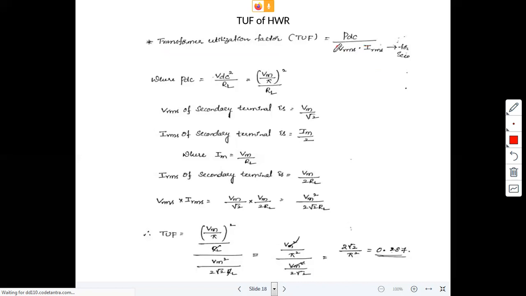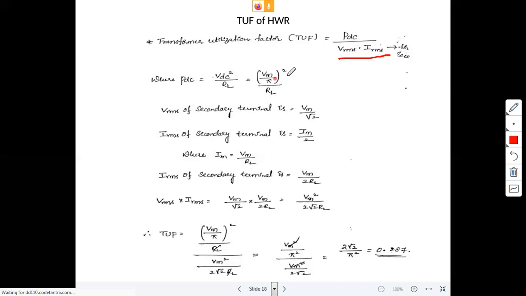PDC is the power delivered to the output, divided by the input power. Input power means transformer secondary power, VRMS into IRMS. Already we know power P is equal to V square by RL. What is DC power?